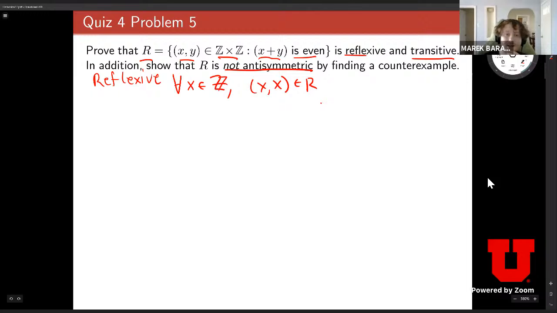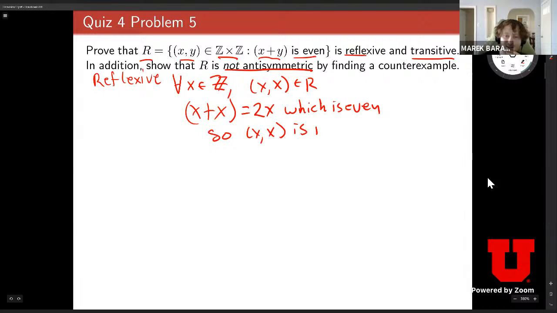You just say x plus x equals 2x, which is even. So (x, x) is in R and R is reflexive. Any questions on that? That one was pretty easy.